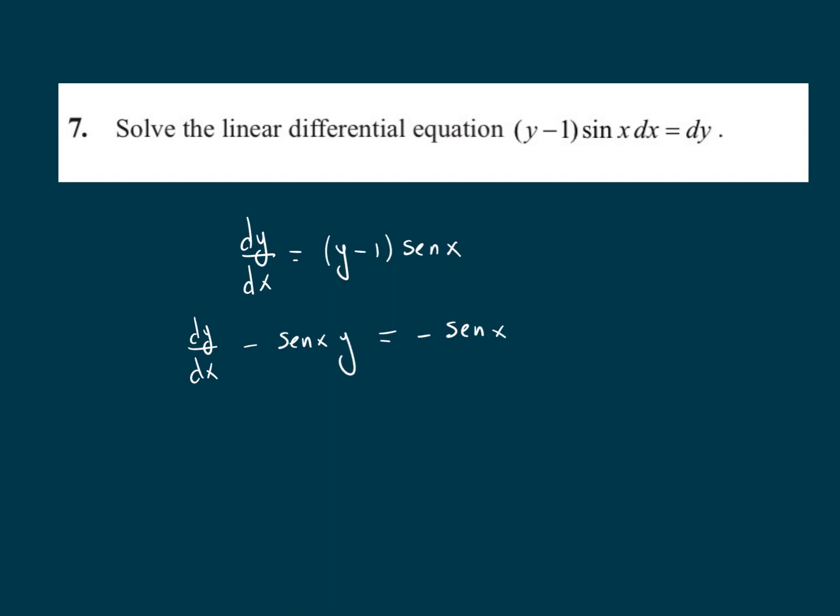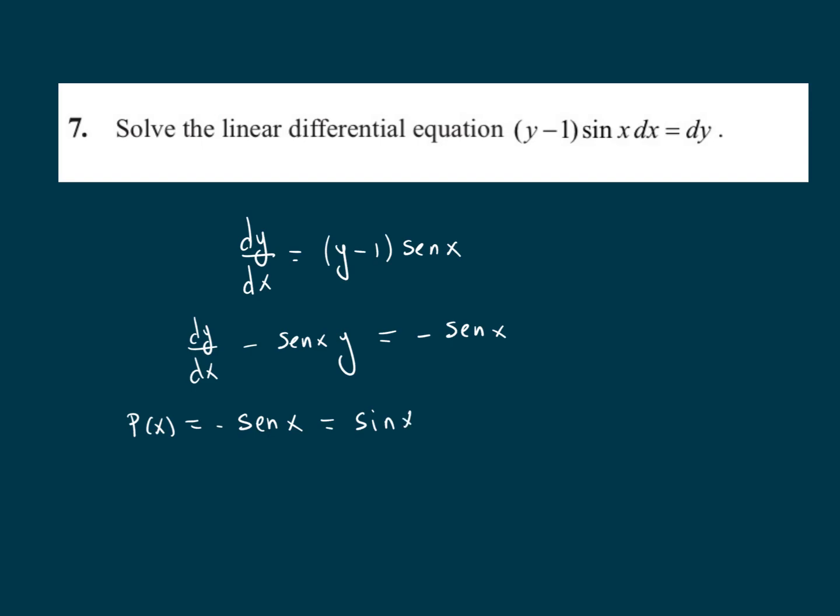And this is the equation now written in standard form, so I can locate what is p of x. P of x is minus sine of x. I'm sorry that I write sine of x not in this way.